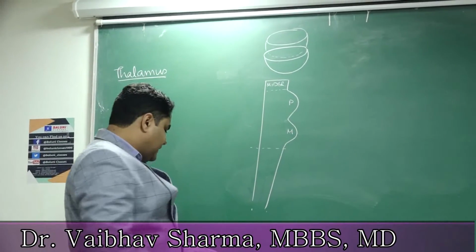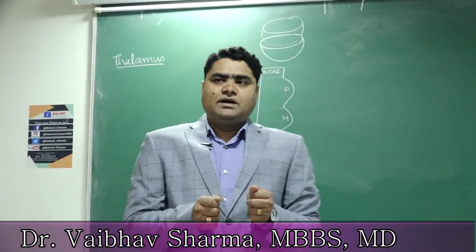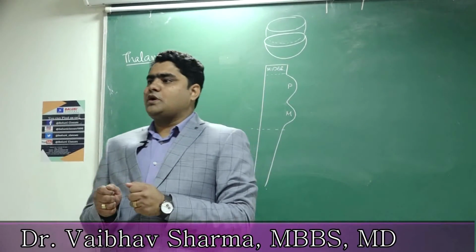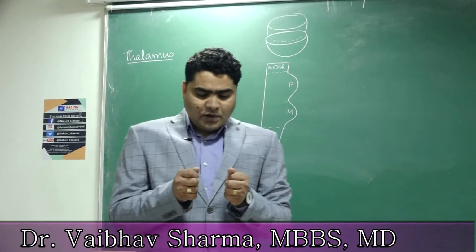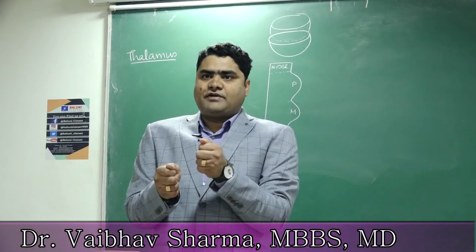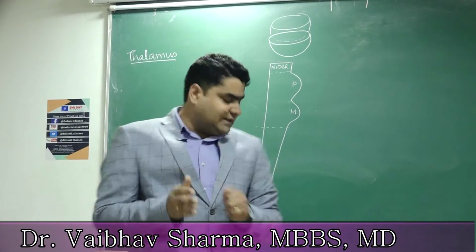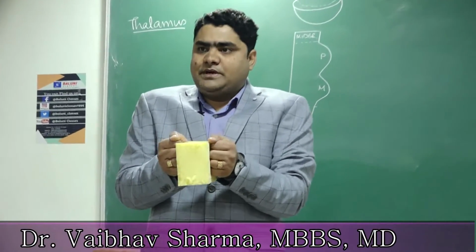Now, both these thalami are separated by a cavity which is called as third ventricle. If my two fists are the thalami of right and left side, then the third ventricle lies somewhat like this in between.